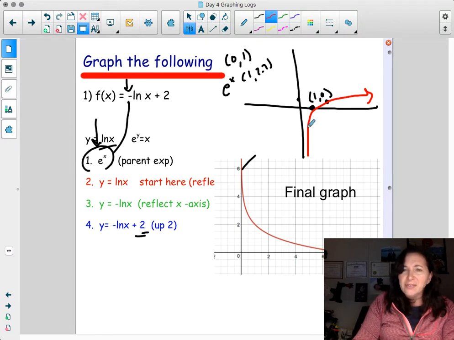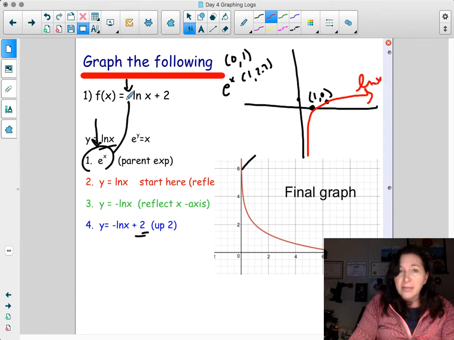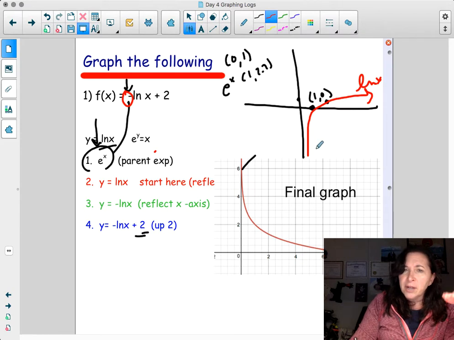Now, this is the parent graph of just ln of x. Then I would take my reflection, the negative. Remember, this is different than what I did before. The next thing I would do is reflect it across the x-axis, and in doing so, now my graph looks like this.